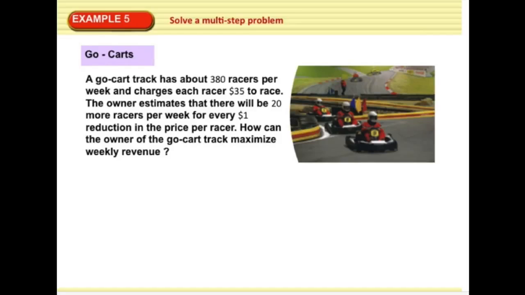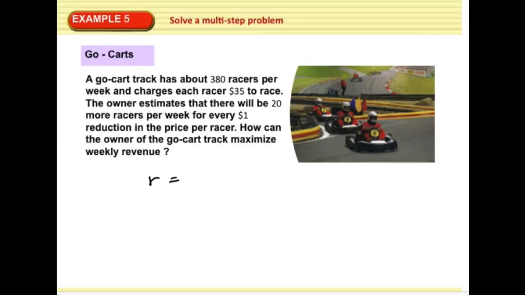Last example for today. A go-kart track has about 380 racers per week and charges each racer $35 to race. The owner estimates there will be 20 more racers per week for every $1 reduction in the price per racer. How can the owner of the go-kart track maximize weekly revenue? So we're talking about revenue here. It is a function.